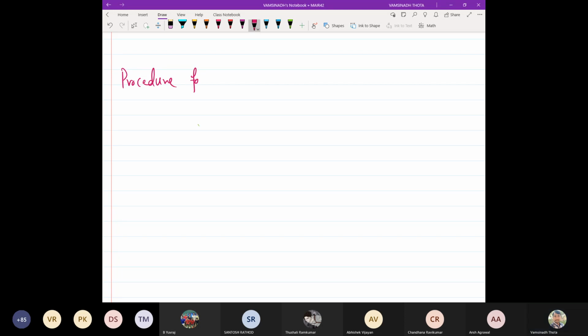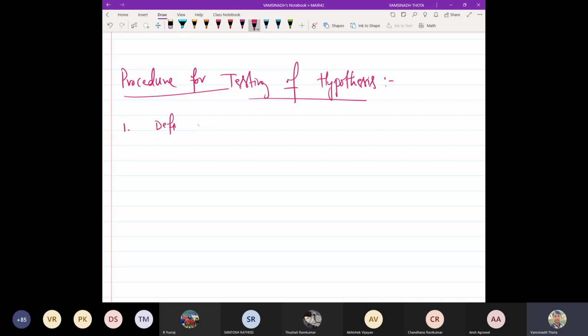Procedure for testing of hypothesis. The very first one: once you understand the problem, once you have come across the problem, first you read it carefully, and then immediately define H naught.